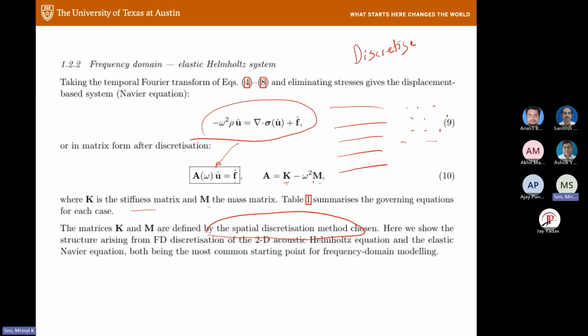So what kind of grid do I use? Do I use a rectangular grid? Do I use a triangular grid? This has been in discussion and debate for a long time. For now, we will just look at standard discretization in a rectangular grid, but then we'll look at two different ways of solving it.